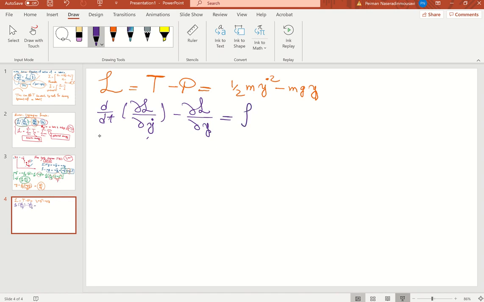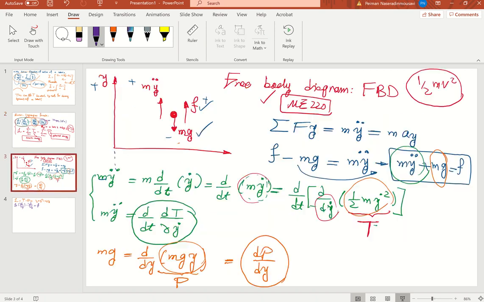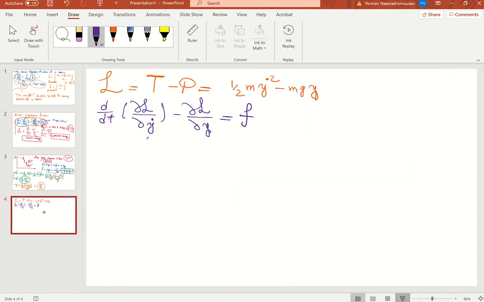Here the force is F. Here it is tau, because in robotics you are rotating the joint, so you need torque, Newton meter. But when you're lifting up an object, you need just force, and the unit is Newton.